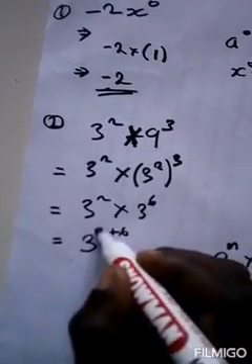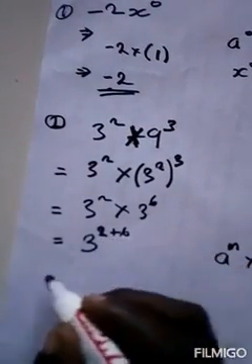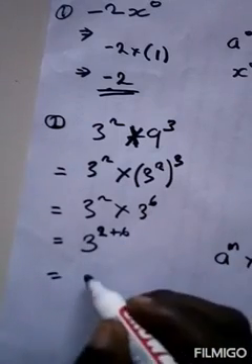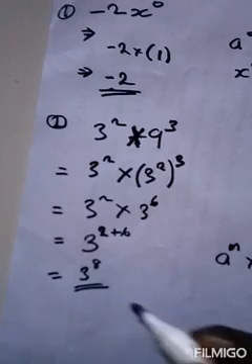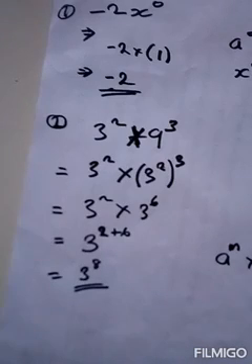So we have 2 plus 6, and when you add this, we're going to have 3 to power 8, and that's your answer. See how simple this is. So that was our question 2. Okay, we go to the next question. Let's see what our next question is.